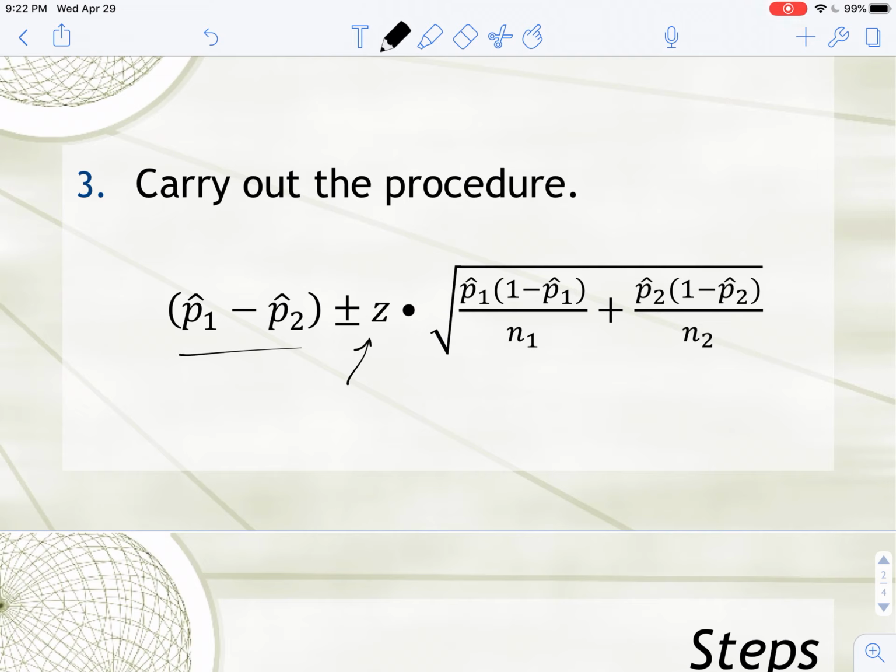And I usually use my inverse norm calculator function on the TI calculator to get my critical z-score. And then this is your estimate of the standard error. I usually notate that as sigma sub p hat 1 minus p hat 2. So that will be your estimate of your standard error.